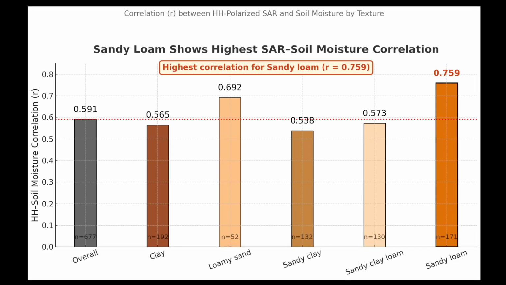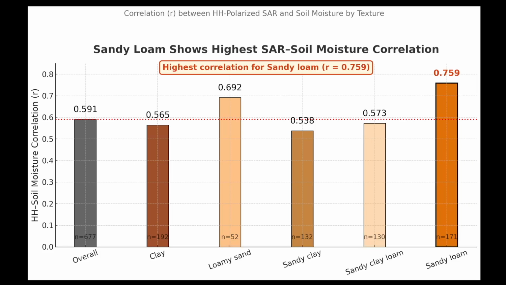We had a dataset of 677 samples in total, and that's what you see here in the first gray bar labeled overall dataset. This is the full dataset, and we calculated the simple correlation between the HH polarized backscatter from the satellite and the field measured soil moisture.